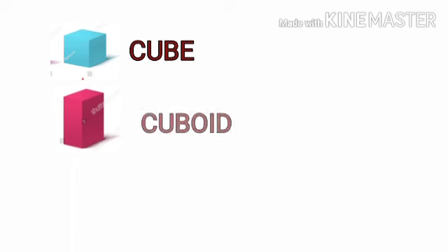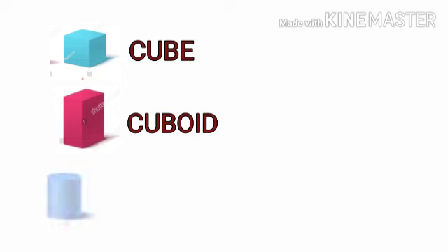Let us recall our 3D shapes. Look here, children. The first shape is cube. C-U-B-E, cube. The second shape is cuboid. C-U-B-O-I-D, cuboid.